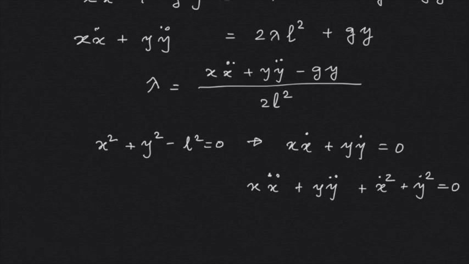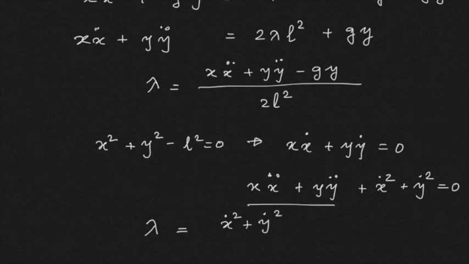So now I can write λ as, instead of this here, I can write them as ẋ² plus ẏ² with a negative sign, so all can be negative, minus gy, divided by 2L². Well, this is good enough.